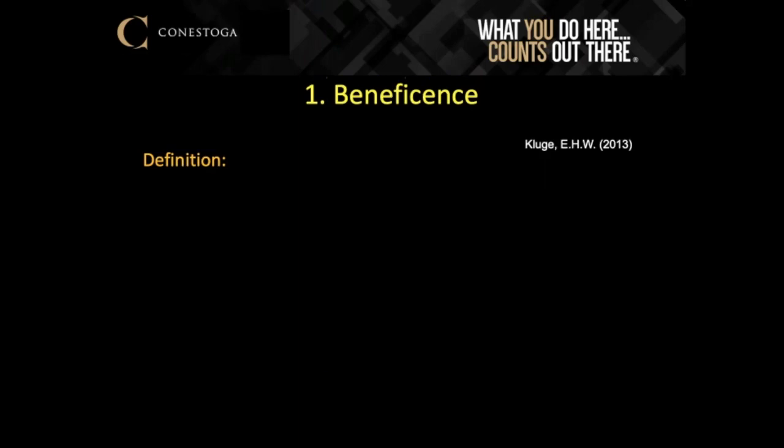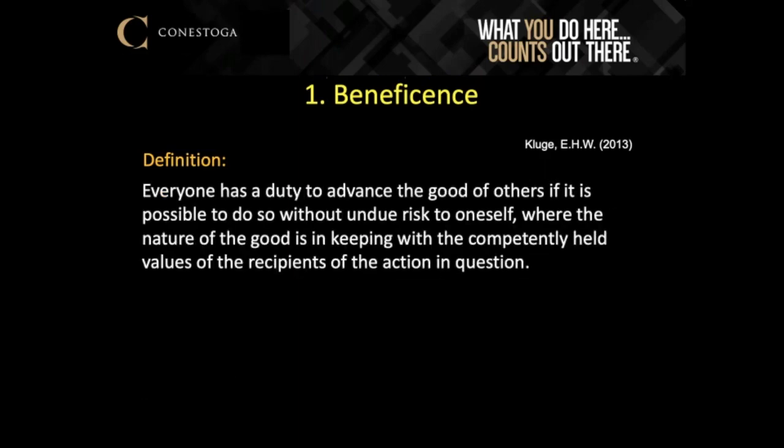So let's talk about beneficence. Everybody has a duty to advance the good of others, if it's possible to do so without undue risk to oneself, where the nature of the good is in keeping with the competently held values of the recipient of the action in question. They're all embedded ideas.